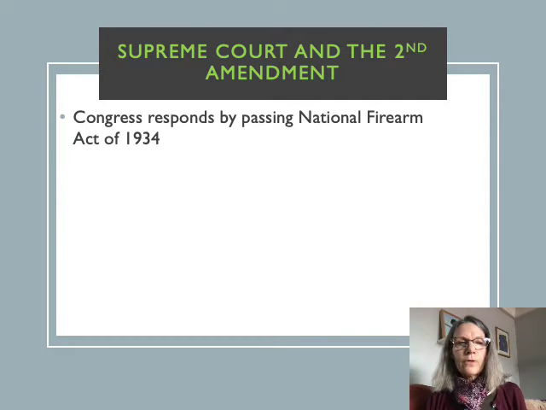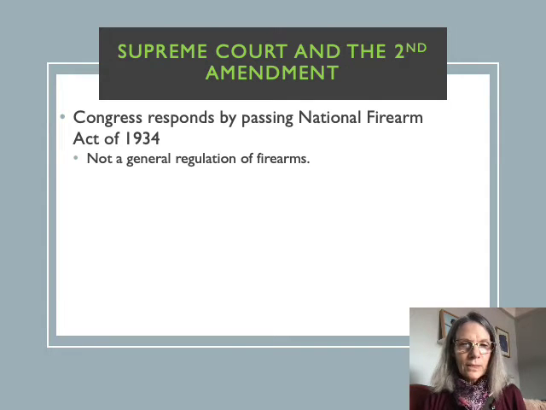And that's what Congress does in 1934. They pass the National Firearms Act of 1934, which is basically a gun control measure. Now, it's not a general regulation of firearms. It's not really broad, like saying that you cannot own certain firearms throughout the whole of the United States.